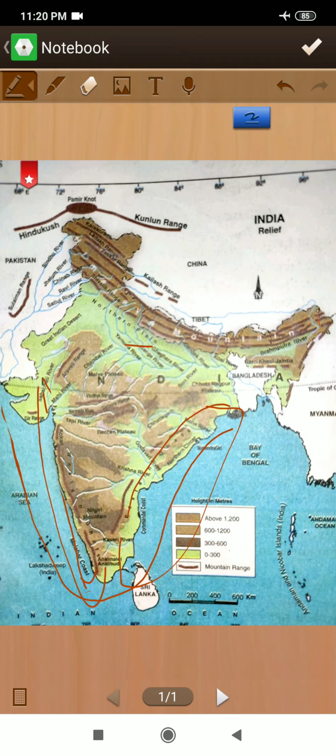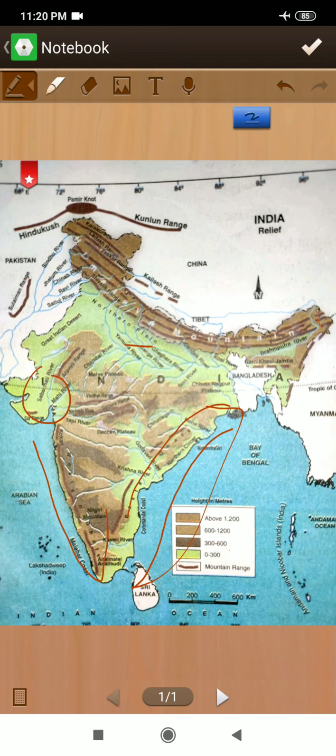I will show you through the lines. See here, except Gujarat, the coastal plains are very narrow. Only in Gujarat the plains are wide. In the rest of the places the plains are very narrow.